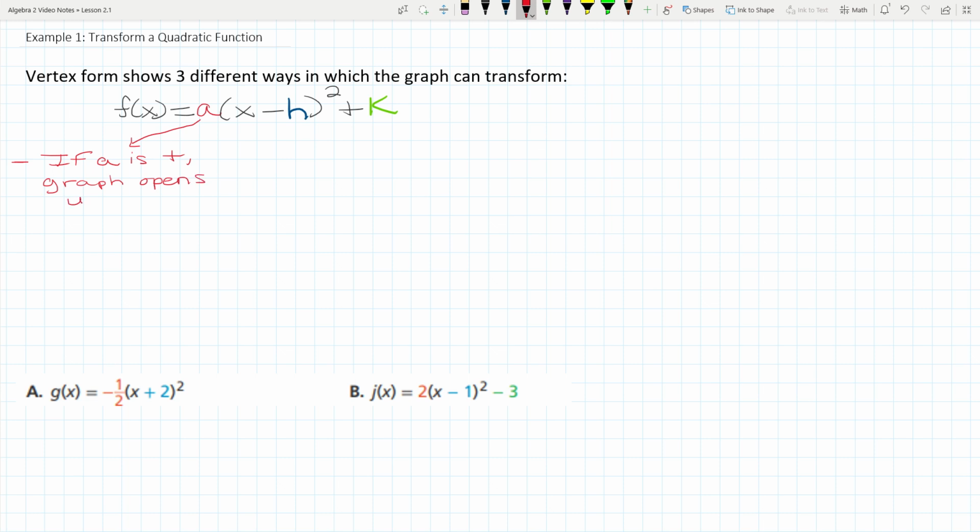If a is negative, the graph opens down. That's a couple of things that we need to know. And another thing is, if a is bigger than 1, then we have a vertical stretch.